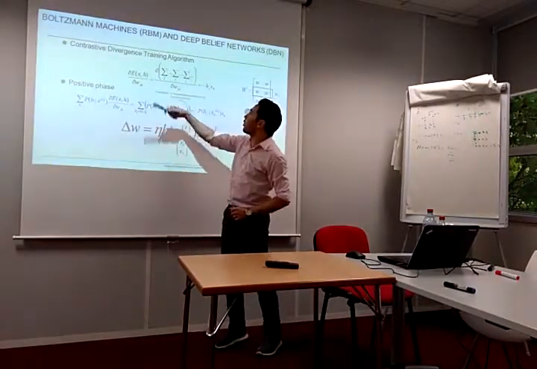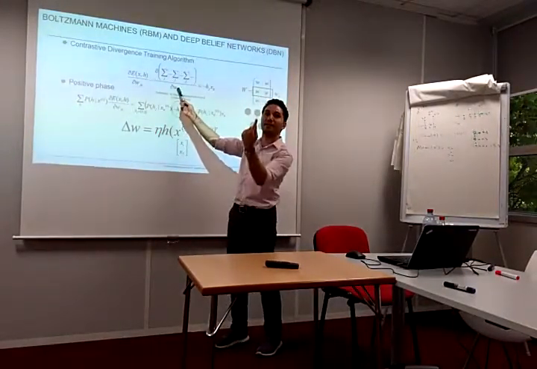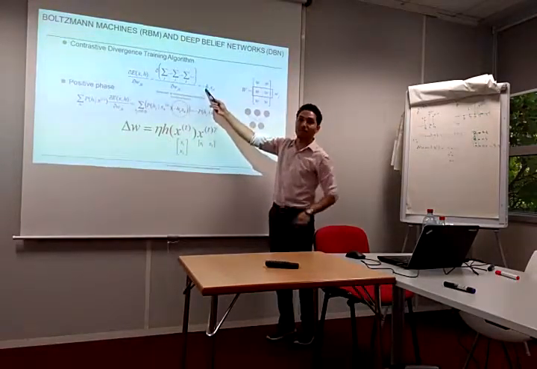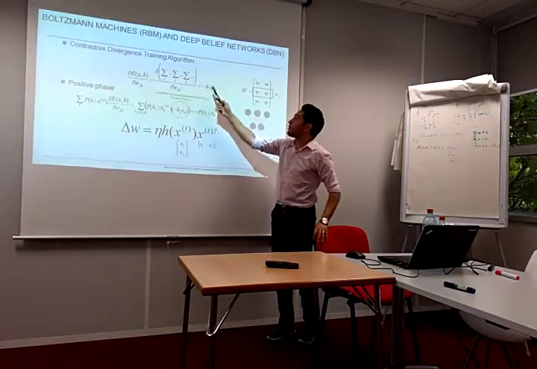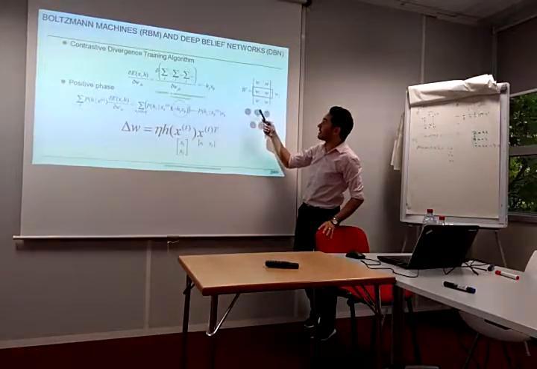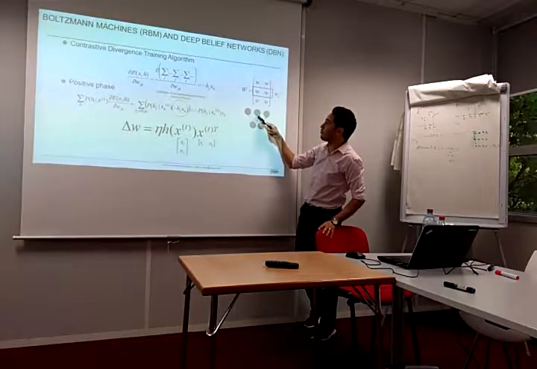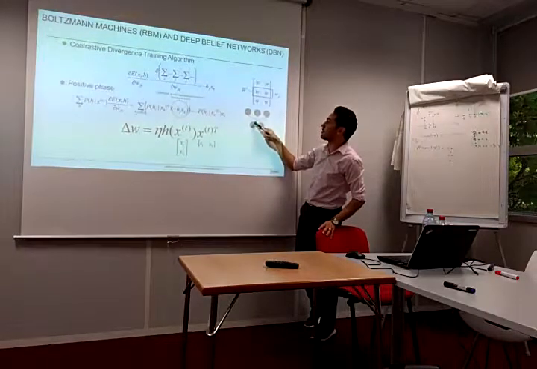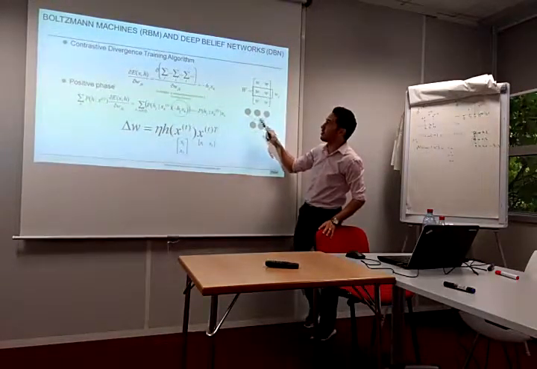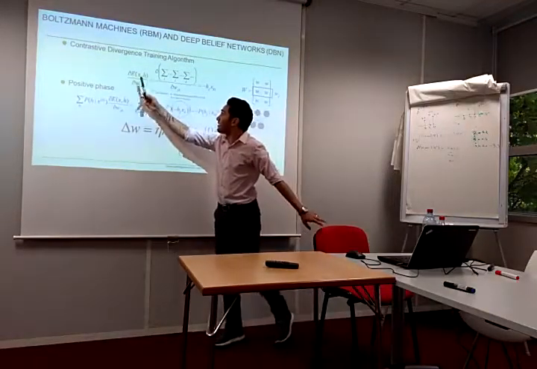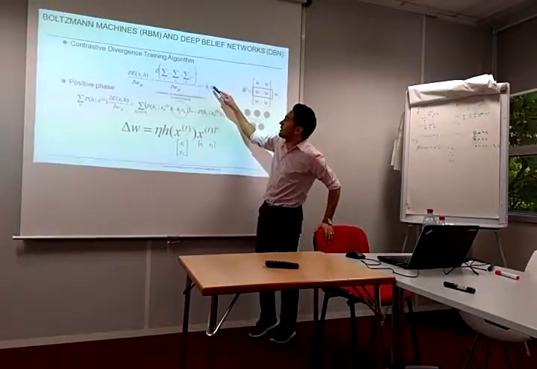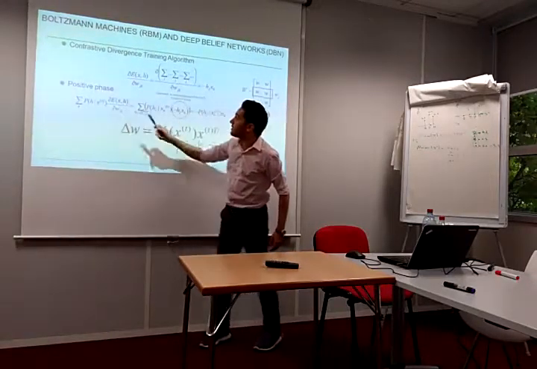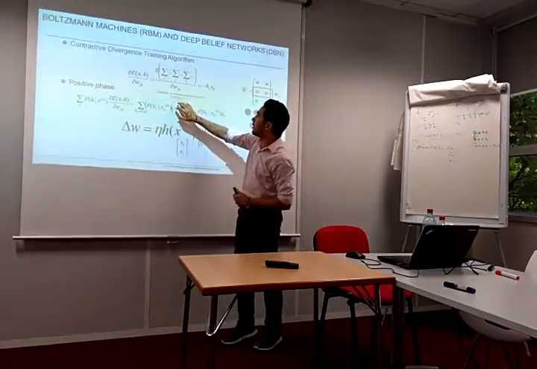And when we differentiate all of this with respect to a single weight, we will get that only this term remains: the term that has the hidden layer associated with the neuron, wjk, and the input layer associated with the input neuron x. So this looks very complex, but actually it's very easy. Let's take it because we need it, and we substitute it in the positive phase term.